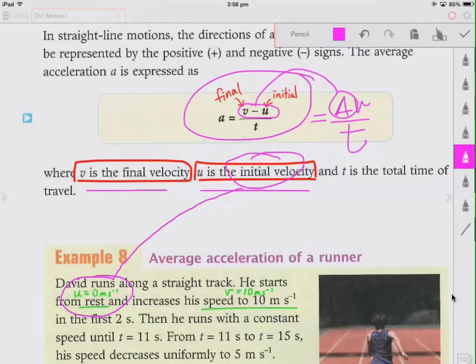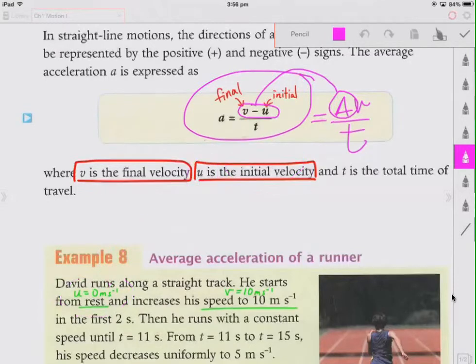In example 8, imagine David runs along a straight track. So he is having one direction, just forward. He starts from rest. From rest means at the beginning, his speed is 0. Therefore, we can write down the initial velocity u as 0 meter per second.